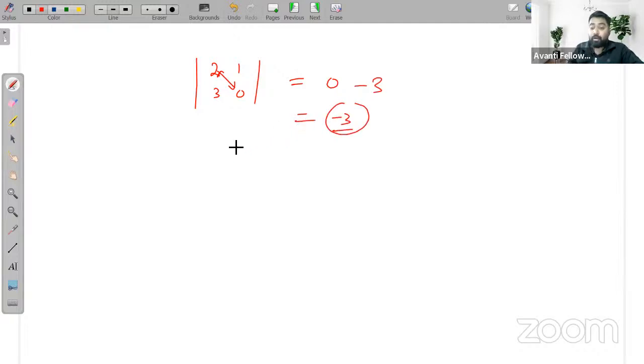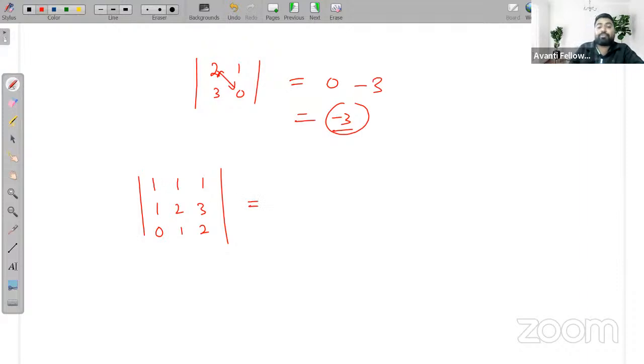So how can we evaluate the 3 cross 3 determinants, or the determinants of order 3? Suppose you have 1, 1, 1, 1, 2, 3, 0, 1, 2. So what is the value of this determinant? We can solve it easily.